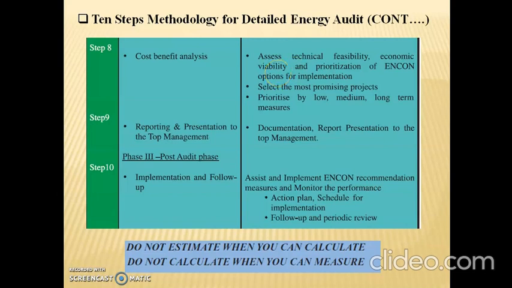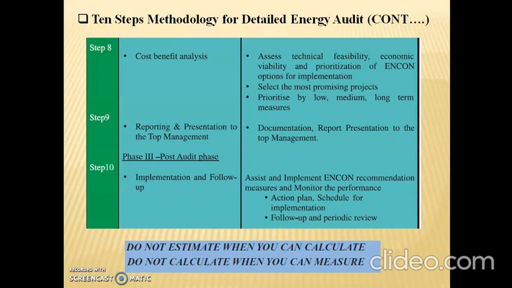Then step 9 is reporting and presentation to top management. After doing all these analyses, the important step is proper documentation of whatever you have done and the outcomes of that assignment. Then the report presentation to top management is also important in order to convince them regarding the various measures you actually propose.